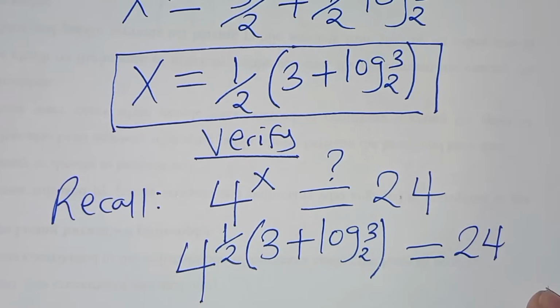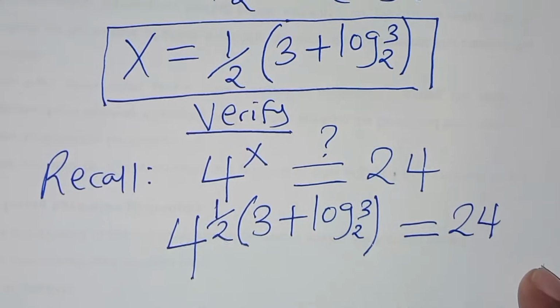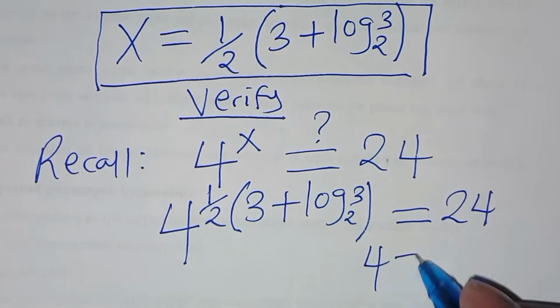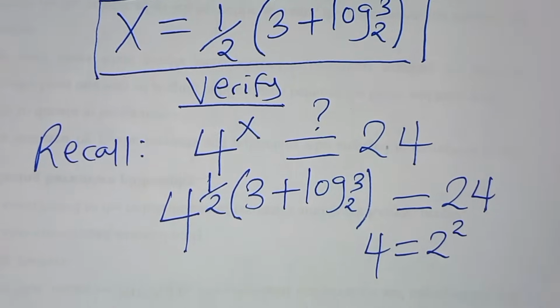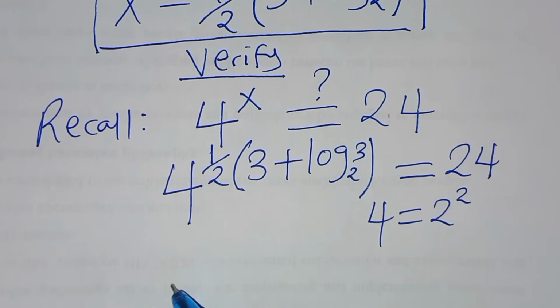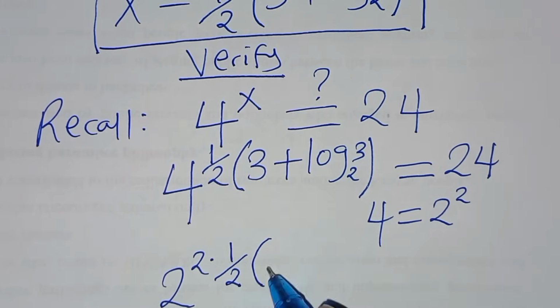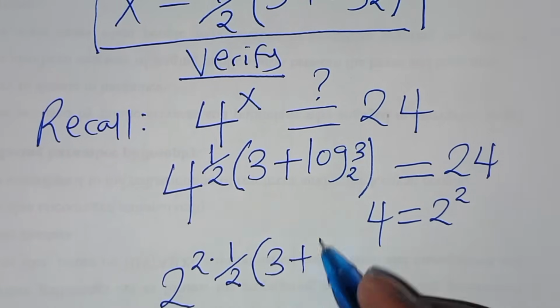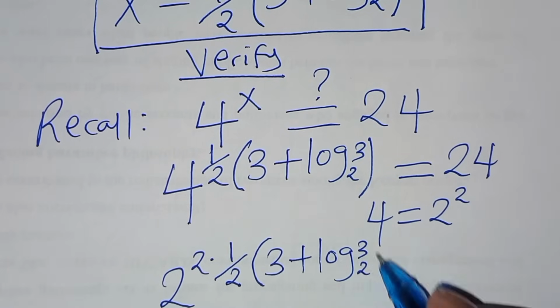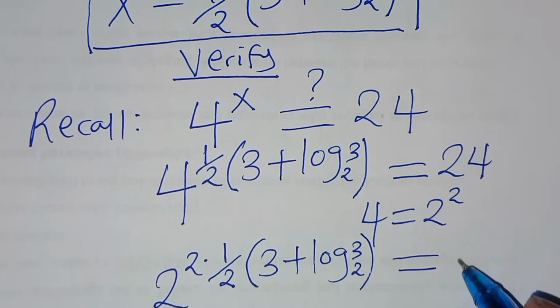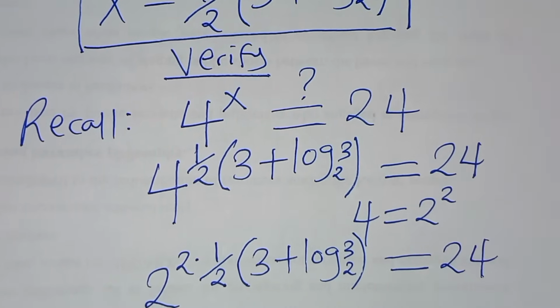The next step from here, we can express 4 basically as 2 to power 2. Let's substitute this. So here we have 2 to power 2 multiplying by a half, into the parentheses 3 plus log 3 to base 2. This should give us a value of 24.